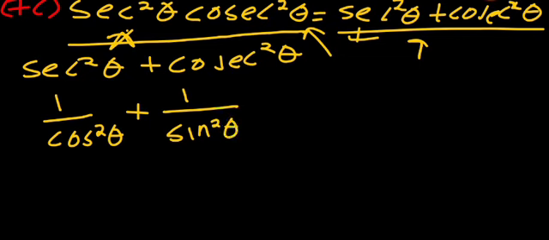What this simply means is that secant theta is an inverse function of cosine, or cosine is an inverse function of secant. And cosecant is an inverse function of sine, or sine is an inverse function of cosecant. So that is what you have to know.